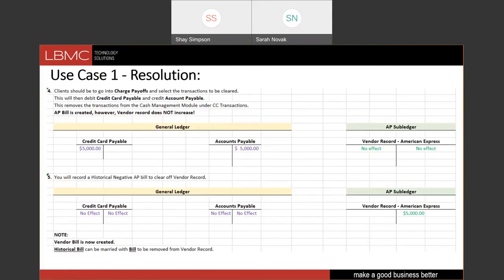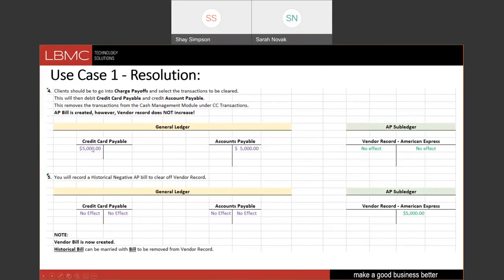So I'm going to go in and do one massive charge payoff. And when I say they had credit card transactions sitting in cash management, they had thousands of transactions sitting in cash management. You may be saying, wow, me too. What is that going to do when we do that charge payoff?